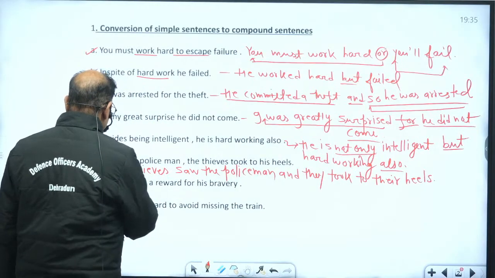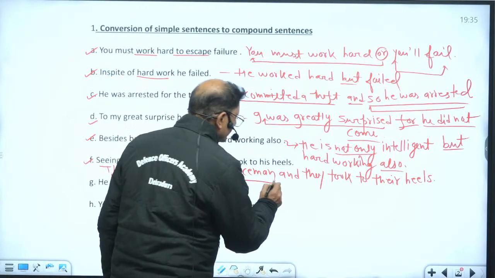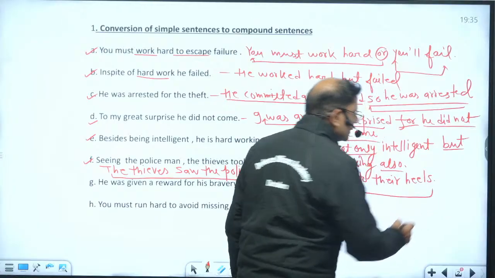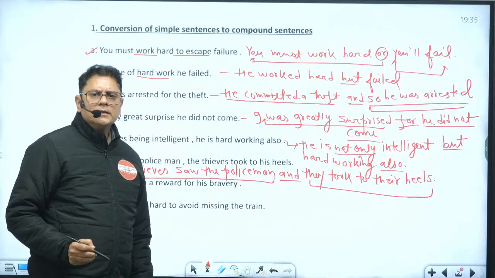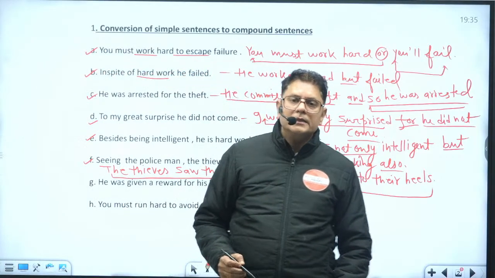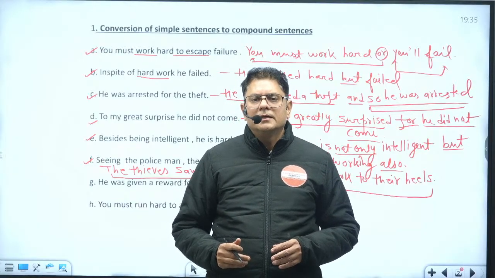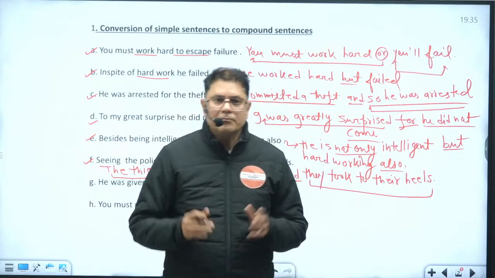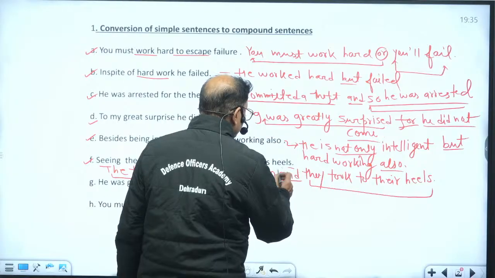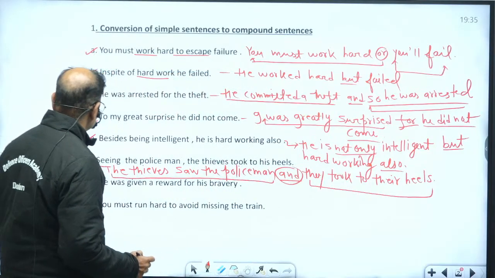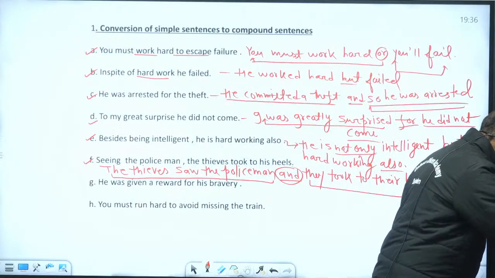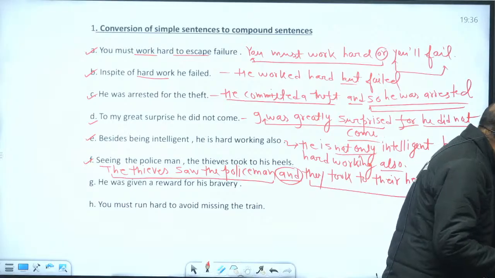So again we can see it here, joined by and. Both these clauses can stand together and make sense. So that is what a compound sentence is all about, and it is joined by and. The thieves saw the policeman and they took to their heels. Very, very good.